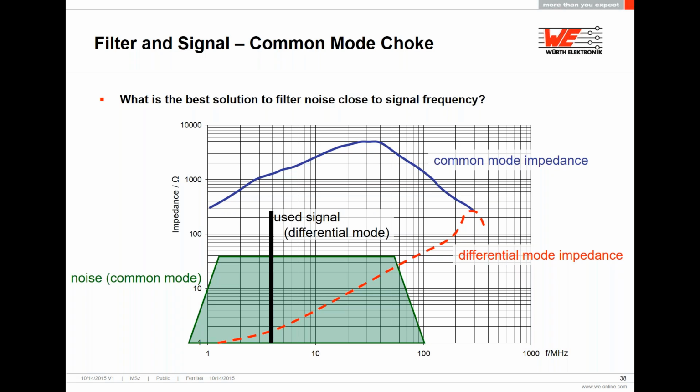Therefore, the impact on your useful signal is kept to a minimum. The impedance and the upcoming attenuation on your signal is not significant. Our datasheets will show you both the common mode impedance and the differential mode impedance for that part, so you can be aware of the effects that you can expect on your signal.